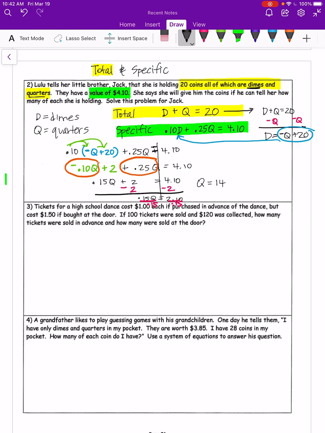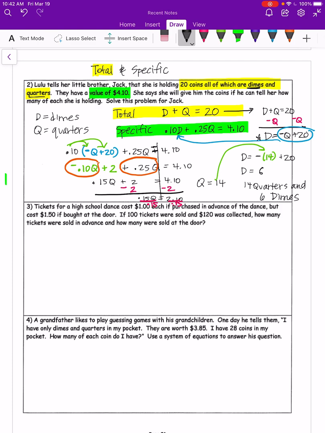Now I'm going to take one of my equations. I'm going to choose this one. D equals negative, and I'm going to plug in Q. So plug in right here. Negative 14, because there's a negative sign on the outside, and then plus 20. So negative 14 plus 20 would be 6. So that means they have 14 quarters and 6 dimes.